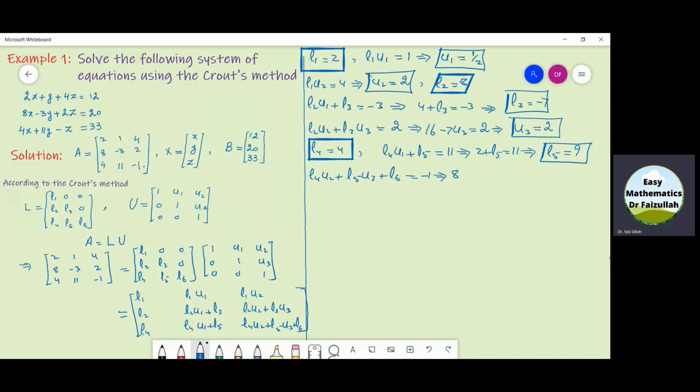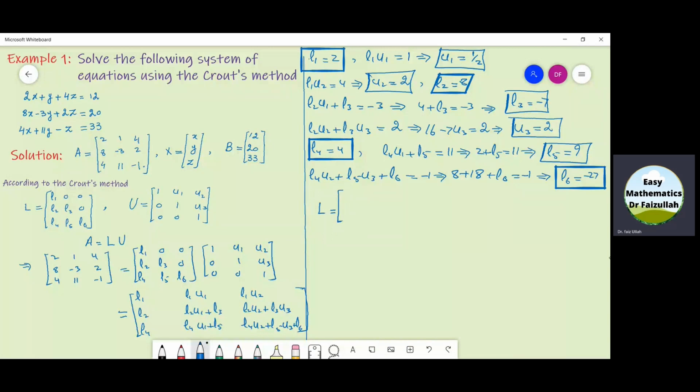L5 is 9 and U3 is 2. So 9 2s are 18. Plus L6 is equal to minus 1. If we simplify, we can get that L6 is equal to minus 27. Hence, we have the values of L.